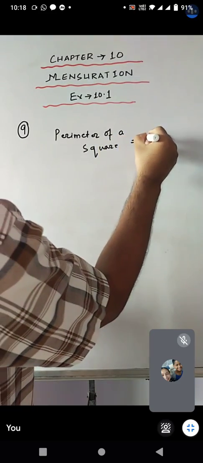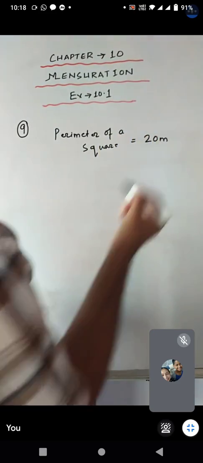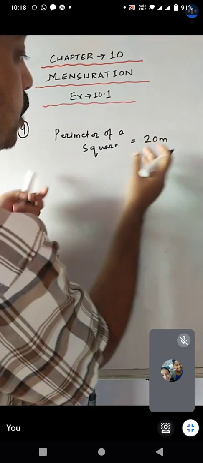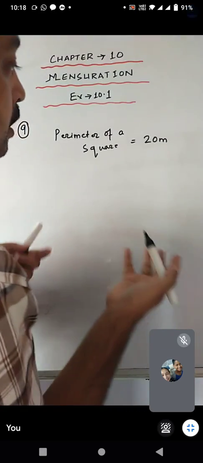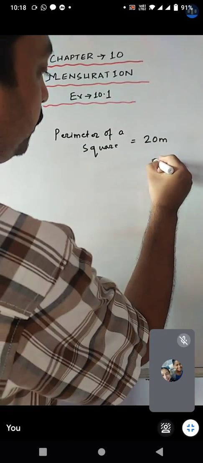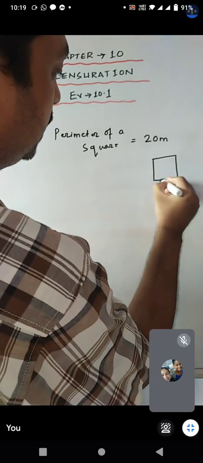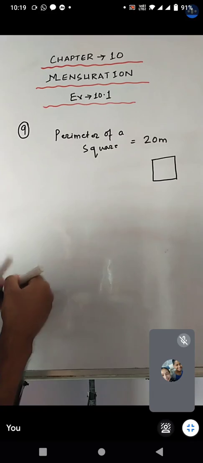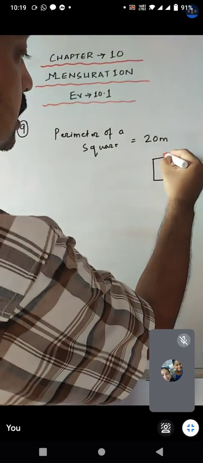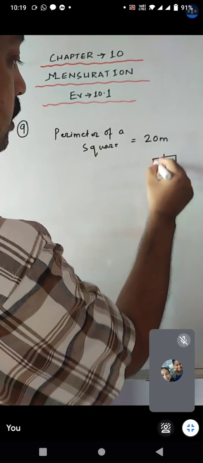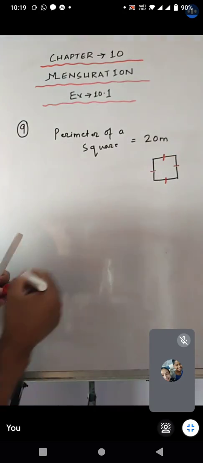It is given 20 meter. So what we have to find out is the measurement of each side of the square. A square is a 4-sided polygon whose all the sides are equal.